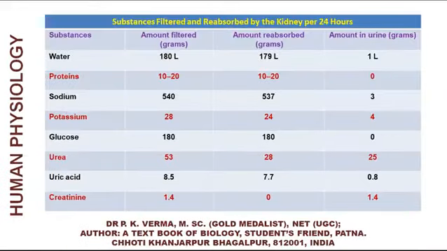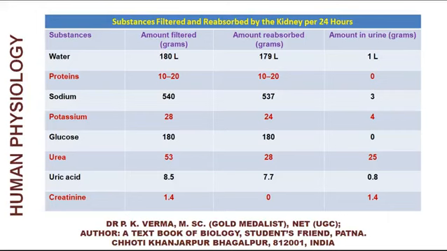In this table, the amount of solutes present in the filtrate in 24 hours has been shown. In 24 hours, about 180 liters of filtrate is formed, but 179 liters is absorbed and around 1 liter is released by micturition.